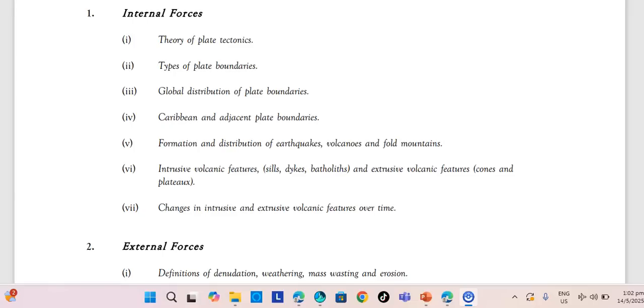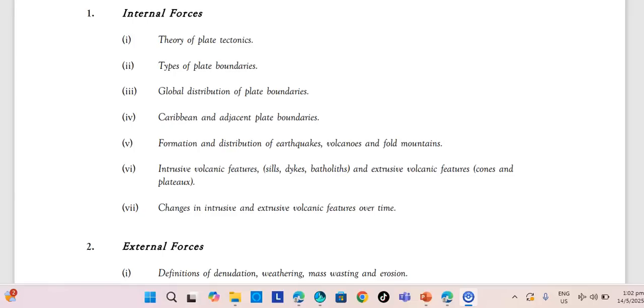Now, where do volcanoes happen? Volcanoes mostly happen along convergent boundaries. And what did we say convergent boundaries mean? Where plates do what? Collide. So volcanoes mostly happen along convergent boundaries where plates collide, or divergent boundaries where the plates are doing what?